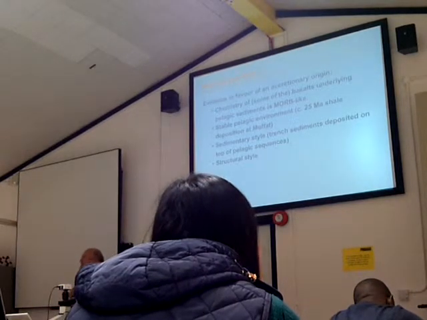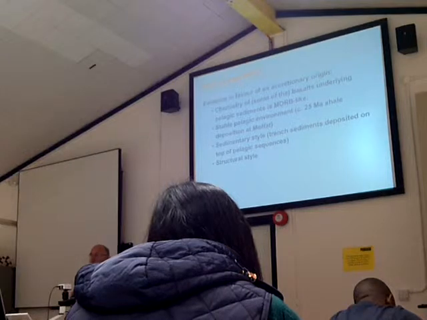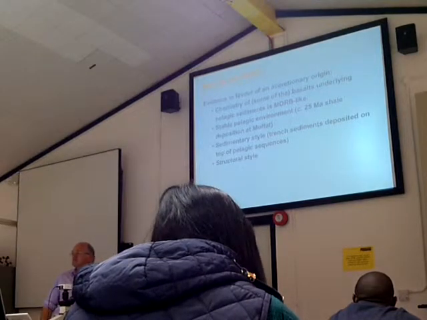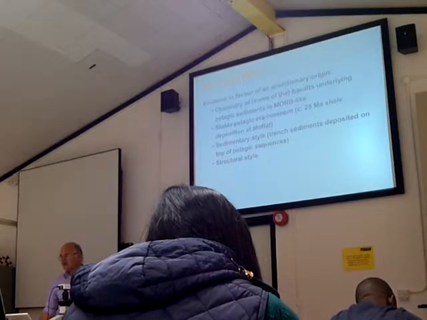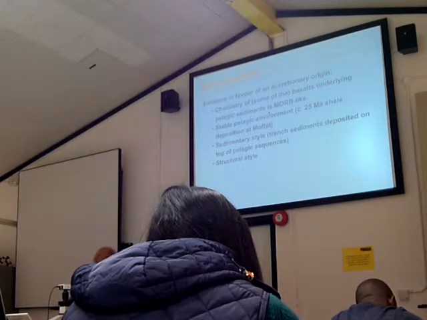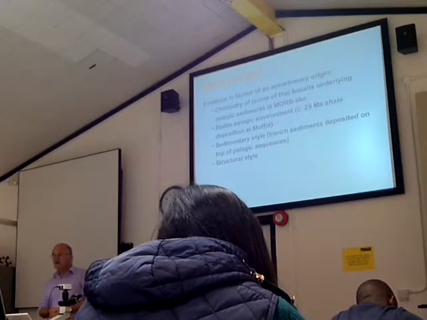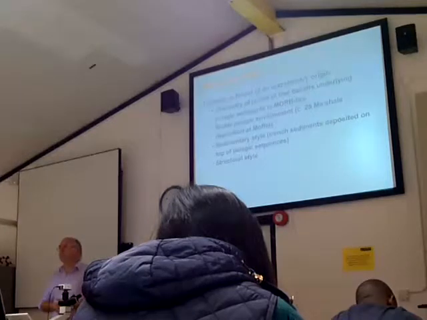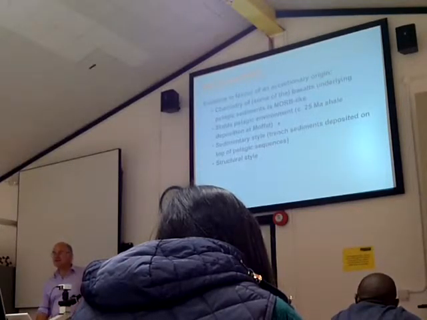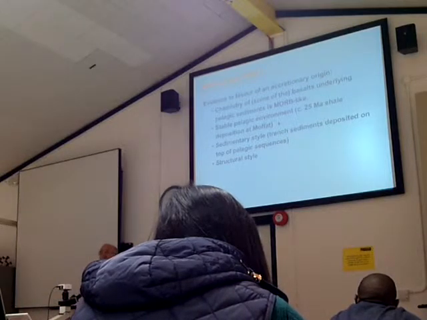So what do you think about these two hypotheses? The evidence in favour of an accretionary prism model is that the chemistry of some of the basalts, not all of the basalts, underlying the cherts and pelagic shales, resemble mid-ocean ridge basalts. We have a very long-lived pelagic environment.